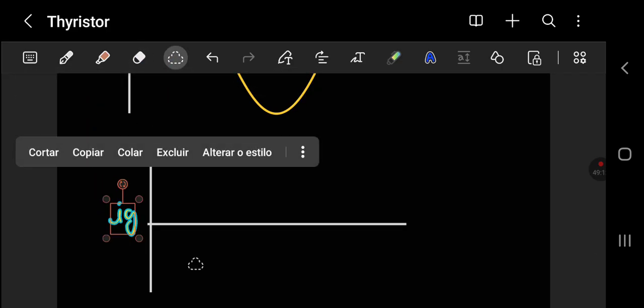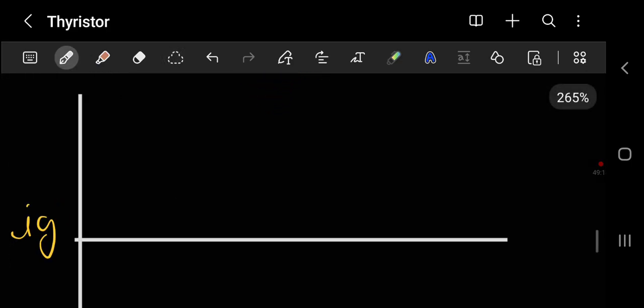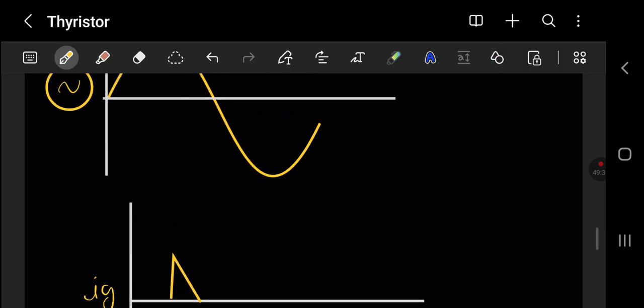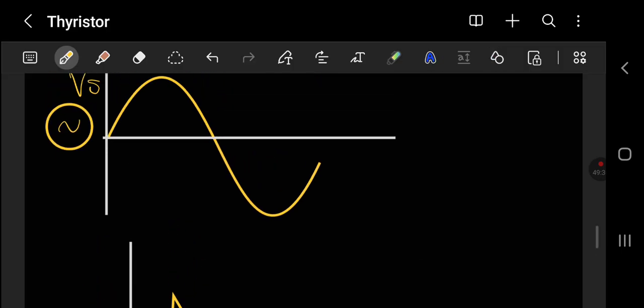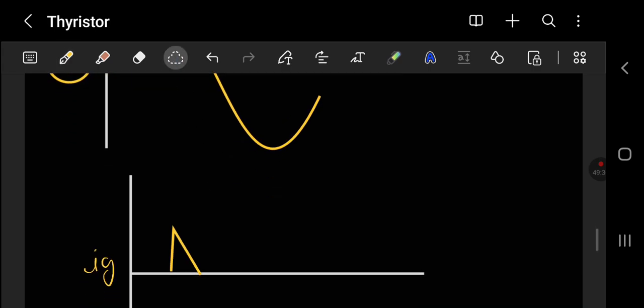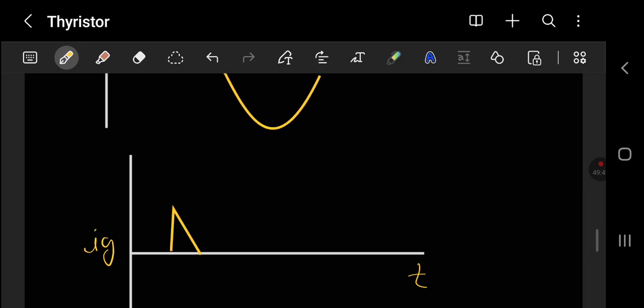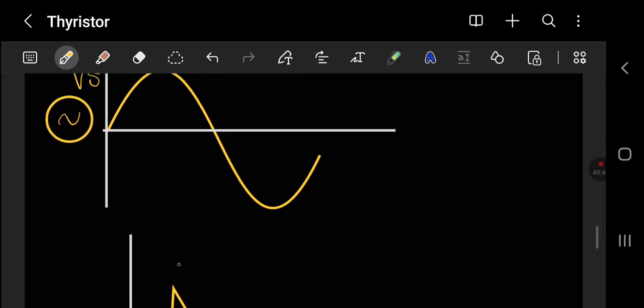So a waveform of a trigger current, a current for trigger, the current that comes from the thyristor, it has this form. It's like a peak, and this is the base of time.